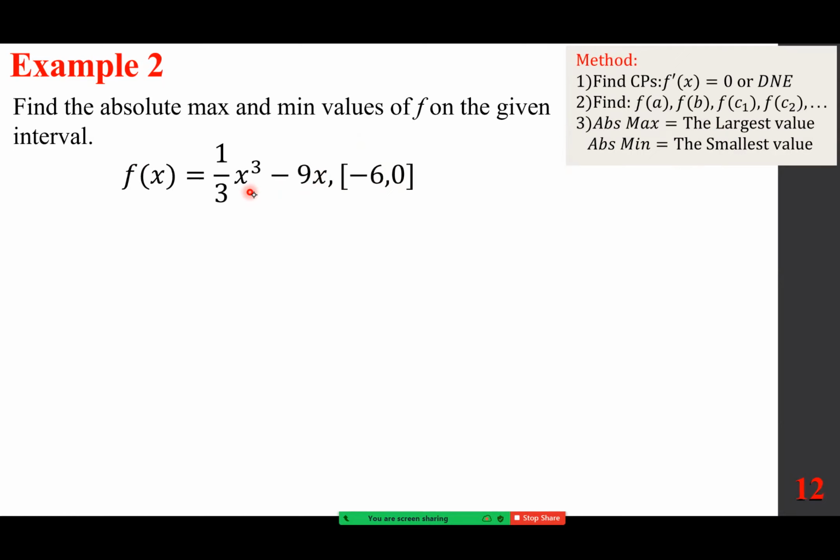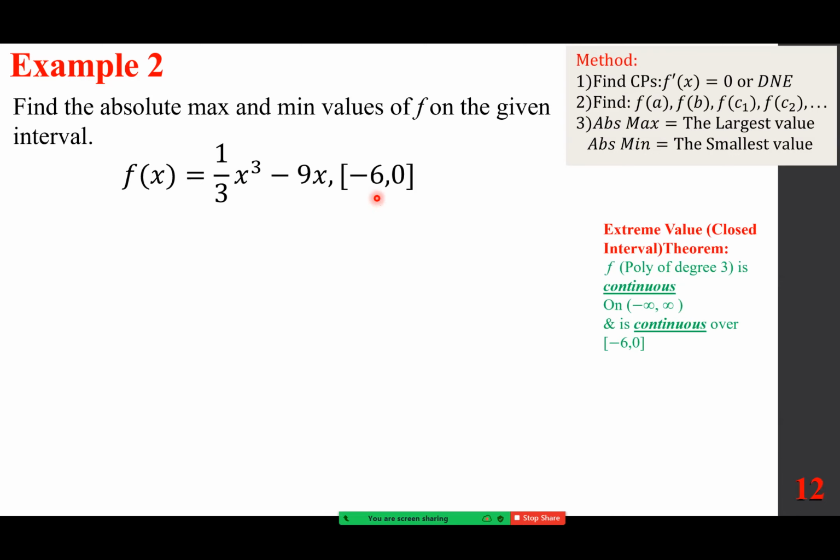Every polynomial is a continuous function in the entire domain of negative to positive infinity. Therefore, this function is also continuous from -6 to 0. So polynomial of degree 3, continuous from negative to positive infinity, therefore continuous from -6 to 0.